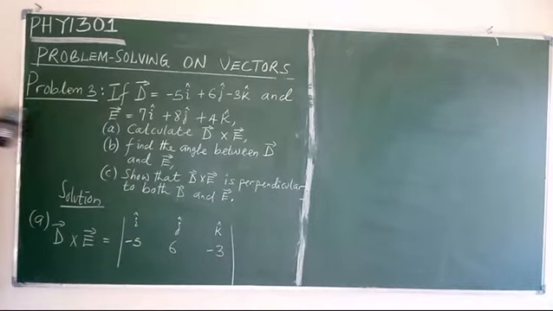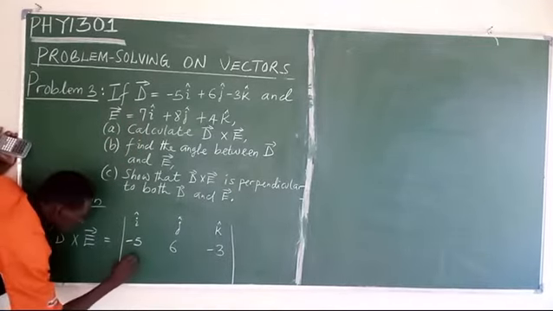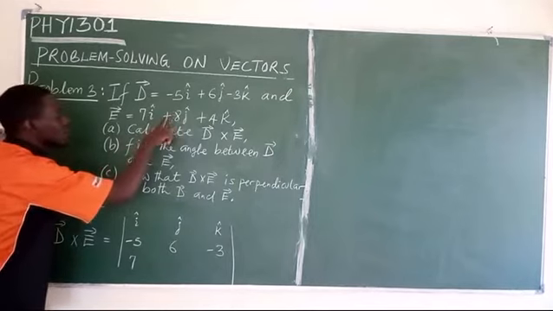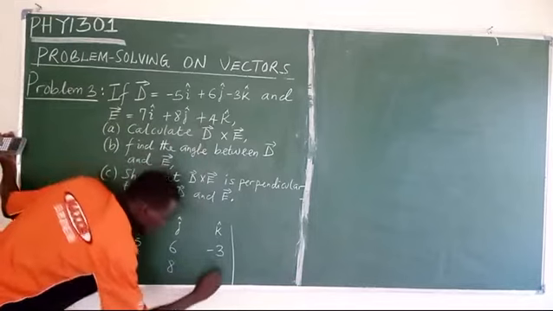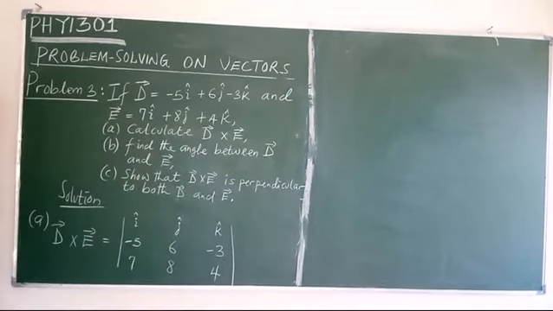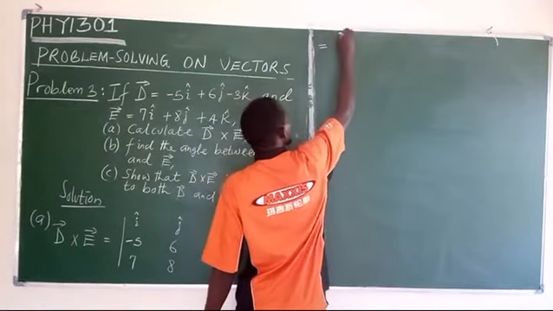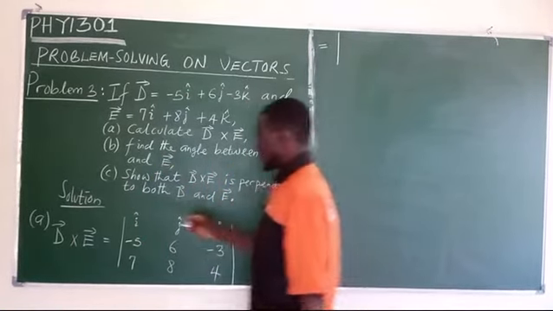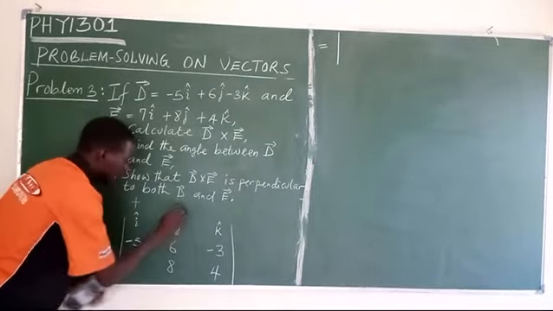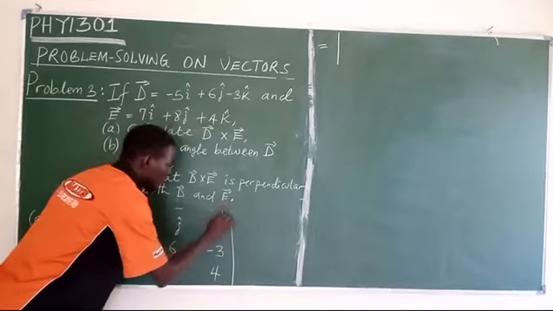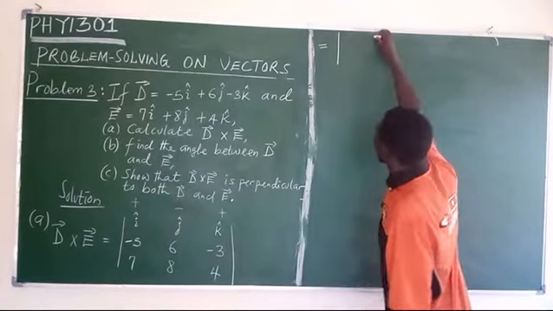Now we can go to vector E, since they say cross E vector, so we take 7 from here, then 8, and then 4. The next thing we are going to do is equal to, we open a bracket, we have to consider this column here as positive, this one negative, this one positive. With this I can say I have a bracket here.